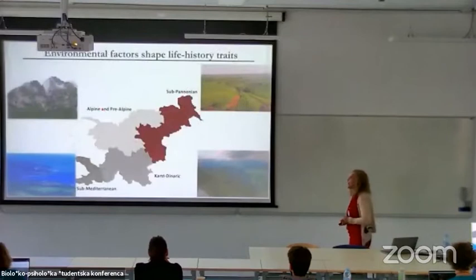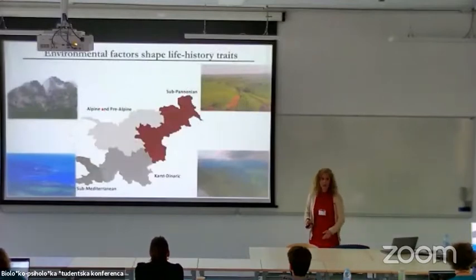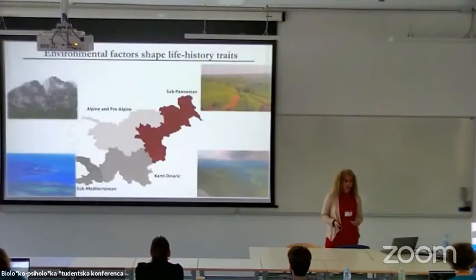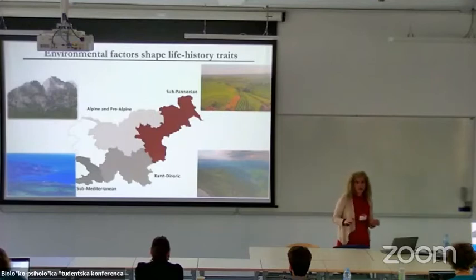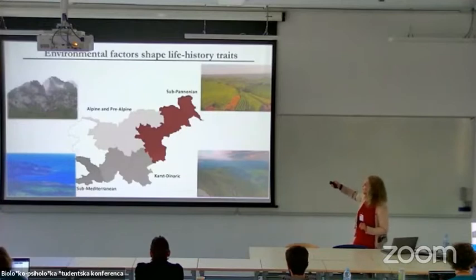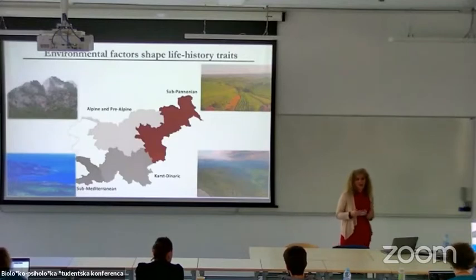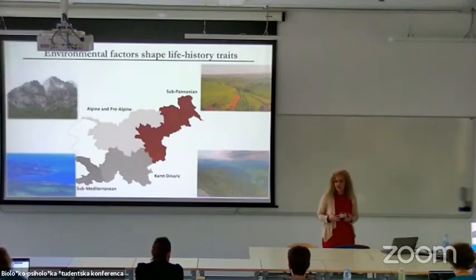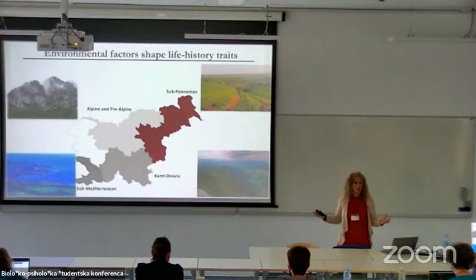But we are talking about management and we are talking about the body mass. And if you have in mind that Slovenia has a wide diversity of environmental conditions, from this sub-Mediterranean dry climate to the open Pannonian region, then to the Alps, to the Dinaric, you should expect that there should be some influence on the life history traits of the species if you have such different environmental variables.